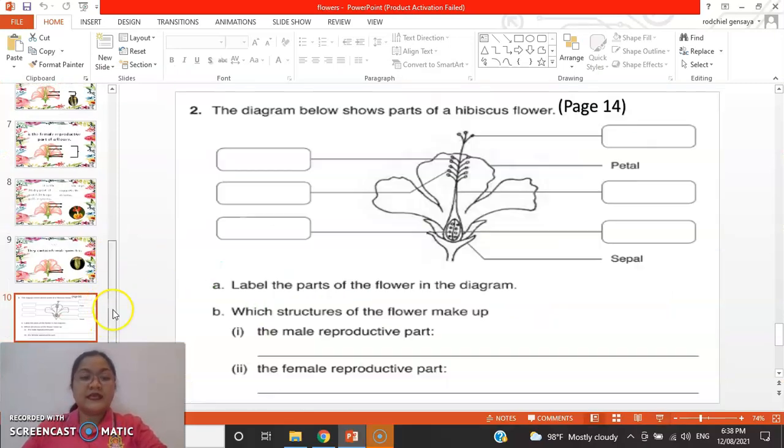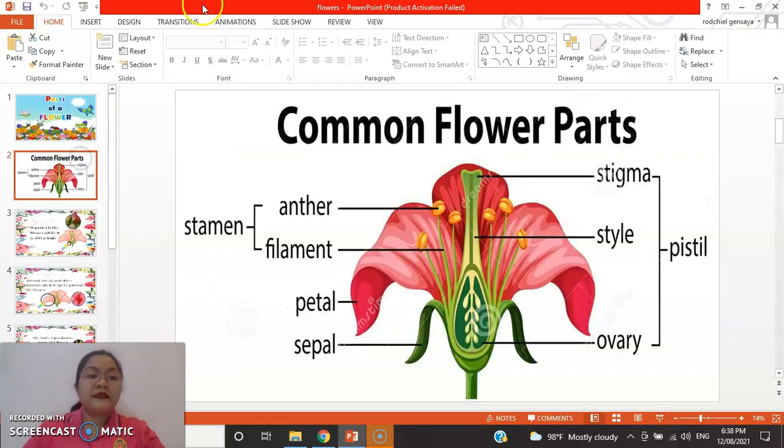Let's have a recap. Anther contains the pollen grains. Filament supports the anther. Petal attracts insects. Sepal protects the flower.